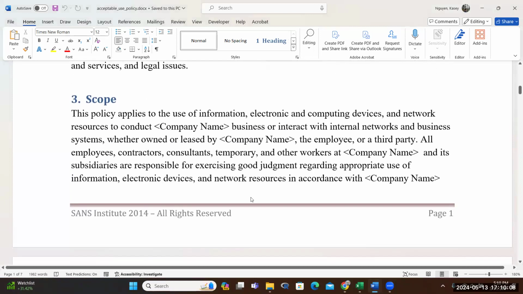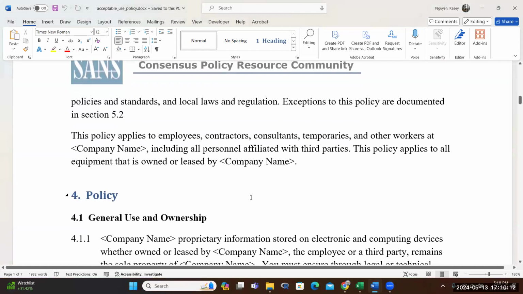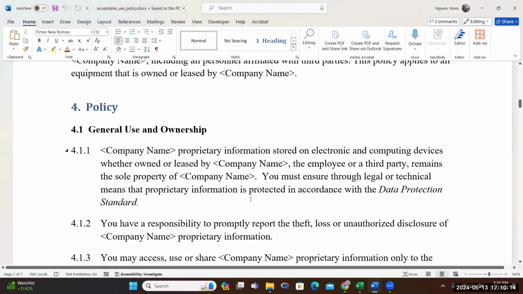And then in the next section is when you go down and you would state your policy. What is allowed and what is not allowed. So I've seen 2, 3 different kinds where they would have a section where it talks about what is acceptable and what is not acceptable.